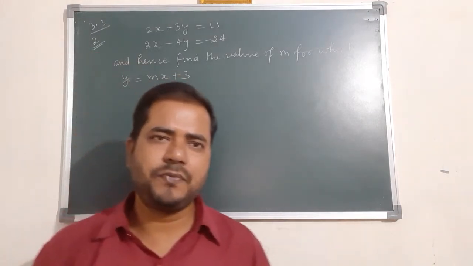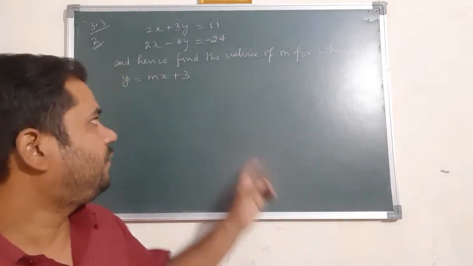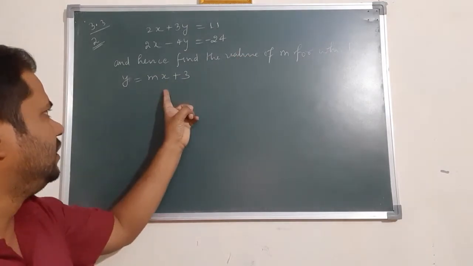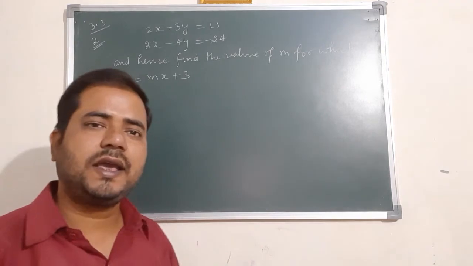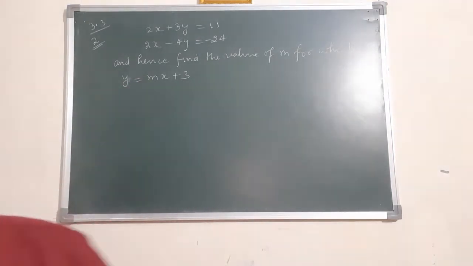So first of all, what we can do? First of all, we solve the equations and put the values of x and y which we get into this equation, and we will get the value of m. So the first work is to solve these equations by the substitution method. So let us see.